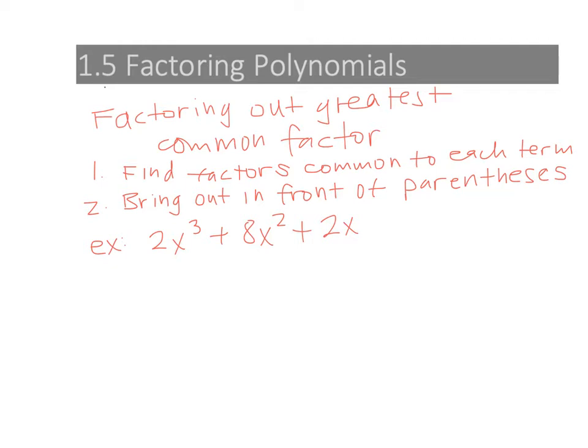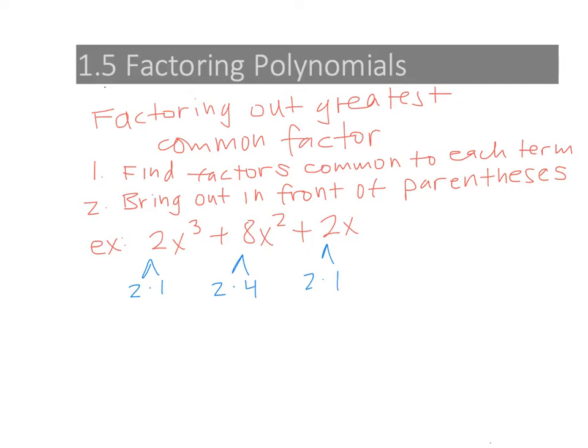So if we look at the example we have, we see that we've got a factor of 2 in each of the terms. So if we look at the 2 coefficient in the first term, we have 2 times 1, and then the 8 can be broken down as 2 times 4, and the 2 can be broken down as, again, 2 times 1.